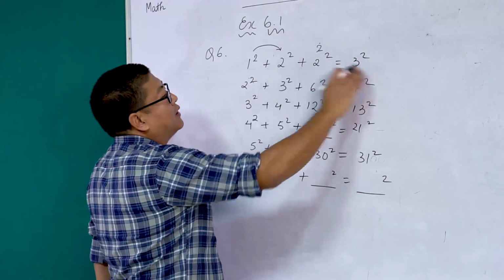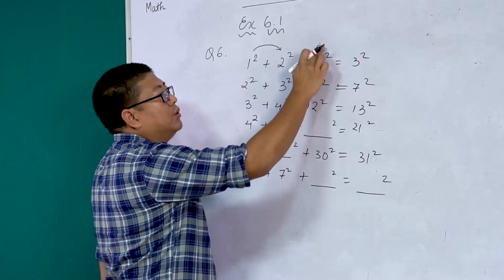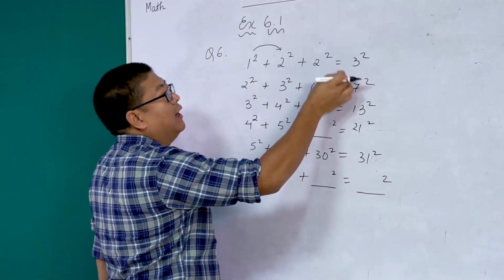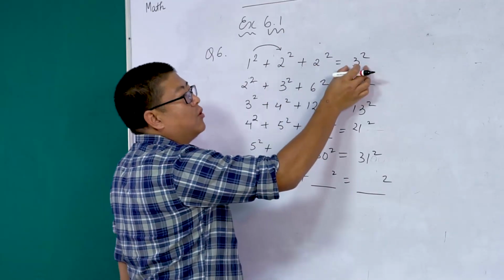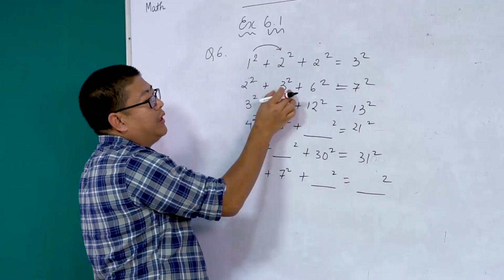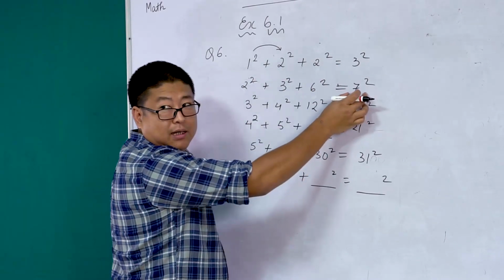Look at the first one: 1 into 2 is 2, so we are making it 2 square, and the result is 1 more than 2. That is 2 plus 1 is 3. Similarly, 2 into 3 is 6, and 6 plus 1 is 7.